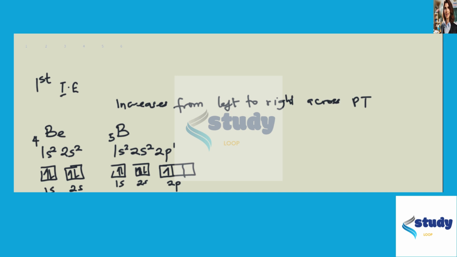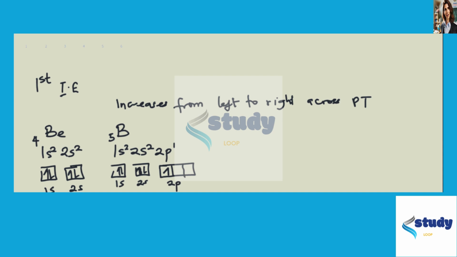So the orbitals are completely filled. But when you come to boron, the 1s orbital is completely filled, the 2s orbital is completely filled, but the p orbital has just 1 electron in it. This will lead to the destabilization of the p orbital, so the energy is going to be high, and that will make boron higher in energy than beryllium.